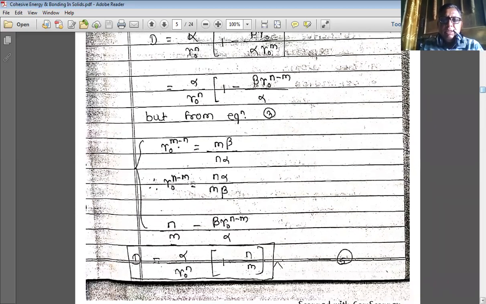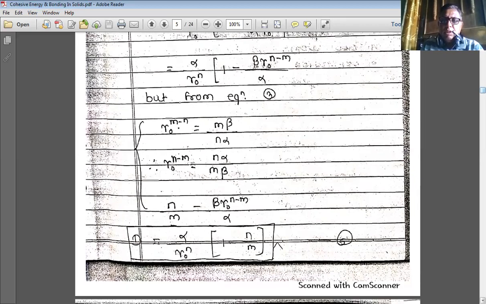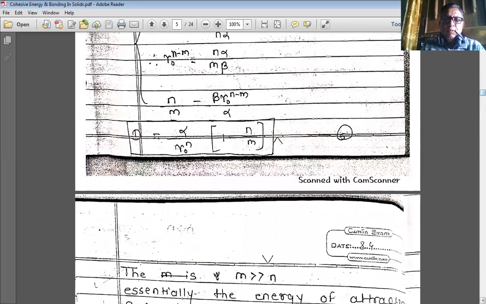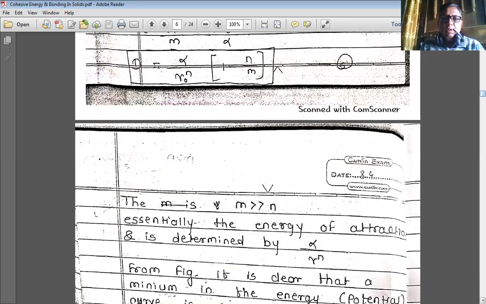So D is equal to α divided by r₀ to the n, times the bracket 1 minus n upon m. This is equation number 5. So this is the condition m greater than n.